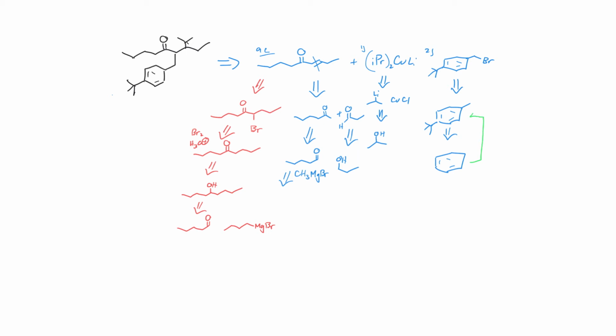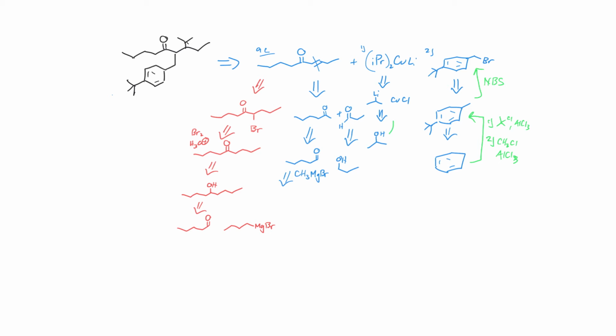to make the alkyl benzene. We need, first step, t-butyl chloride, AlCl3. Second step, methyl chloride, AlCl3. To get to the benzyl bromide, we need NBS, radical halogenation of the benzylic position.